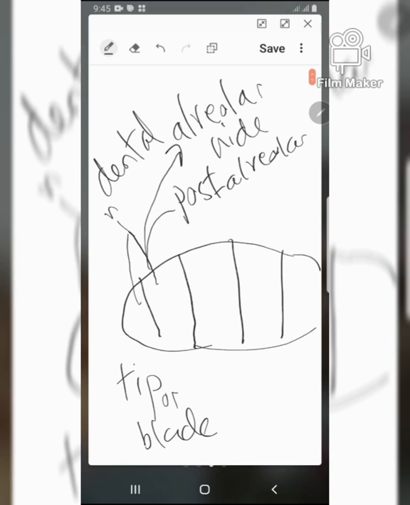For example, if I gave you a dental sound and we use tip or blade of the tongue that goes to the upper teeth set, how do they name these sounds? They name them according to the passive articulator, not the active one.